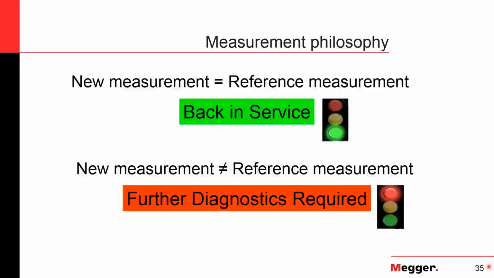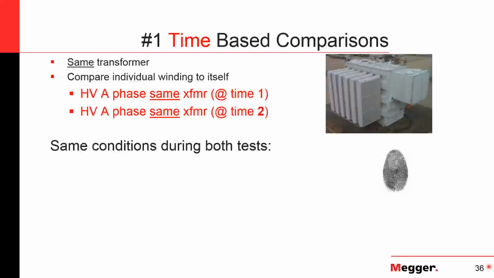So let's look at a little example here. A time-based comparison. We had the same transformer, and on commissioning, we ran a test, and then later on, at a different date, we went back with an SFRA unit again and ran the test again. So basically, same conditions, same unit, same connections for both tests, but just at different times.